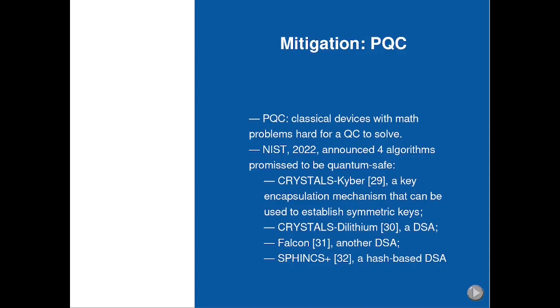NIST in 2022 announced 4 algorithms promised to be quantum safe: CRYSTALS-Kyber, which is a key encapsulation mechanism that can be used to establish symmetric keys; CRYSTALS-Dilithium; the Falcon algorithm, these two being DSAs, digital signature algorithms; and SPHINCS+, which is a hash-based digital signature algorithm.